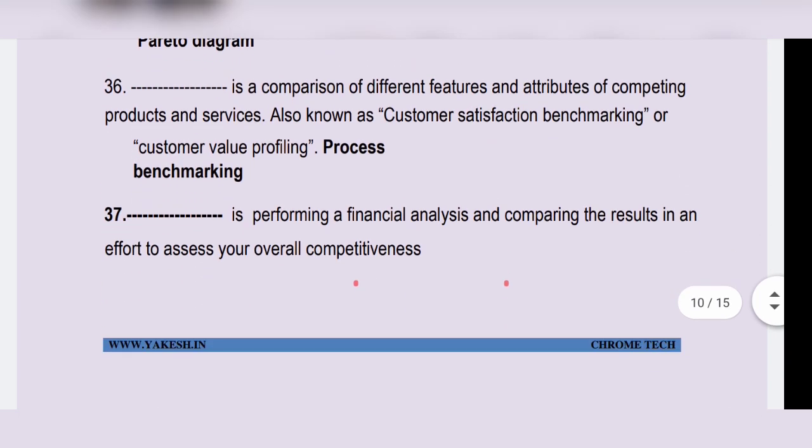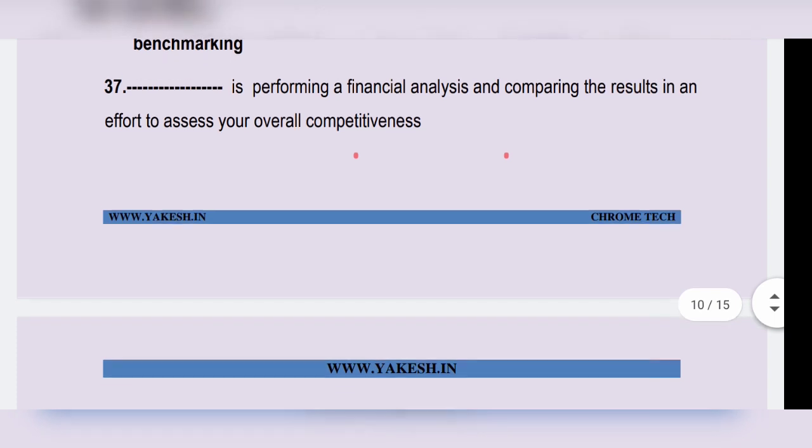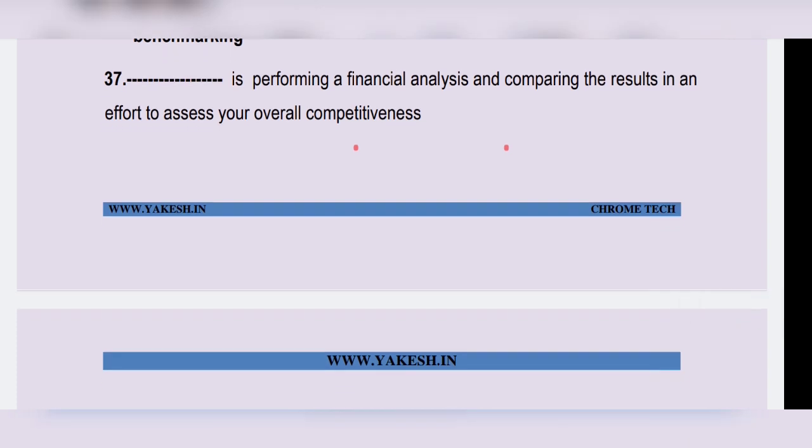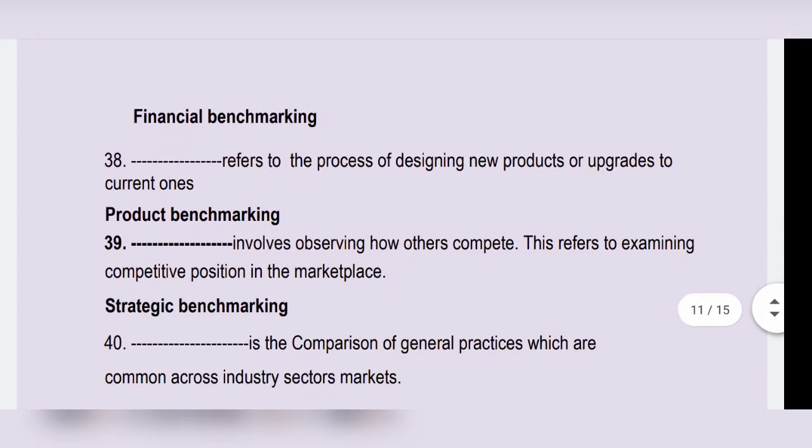Pareto diagram. Next question. Dash is a comparison of different features and attributes of competing products and services, also known as customer satisfaction benchmarking or customer value profiling. Process benchmarking is the correct answer. Dash is performing a financial analysis and comparing the results in an effort to assess your overall competitiveness. Financial benchmarking.